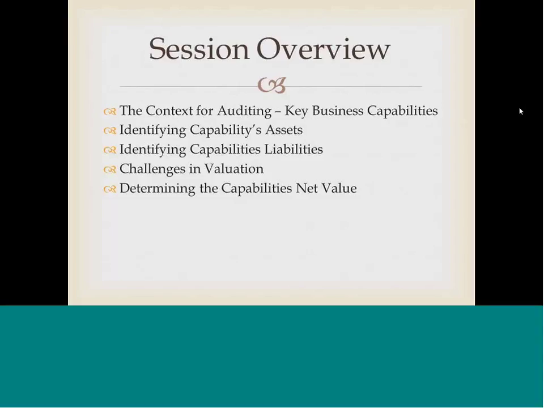We'll look at challenges that we might encounter in assigning a value to those assets. And then we'll come back and talk about what that whole balance sheet might look like in terms of the assets, the liabilities, and the net value of intellectual capital for a particular capability.